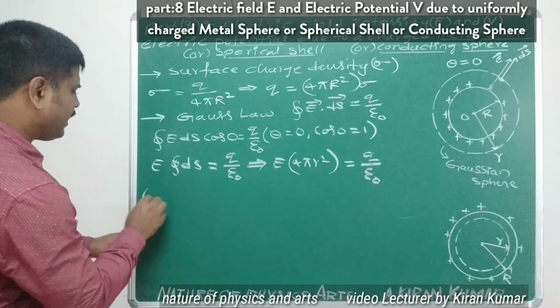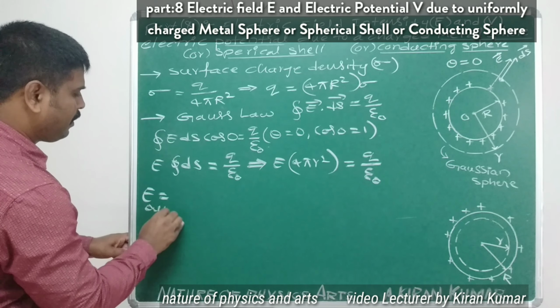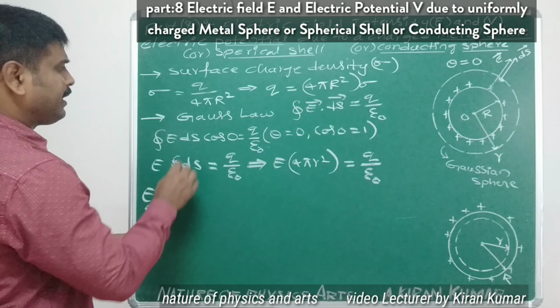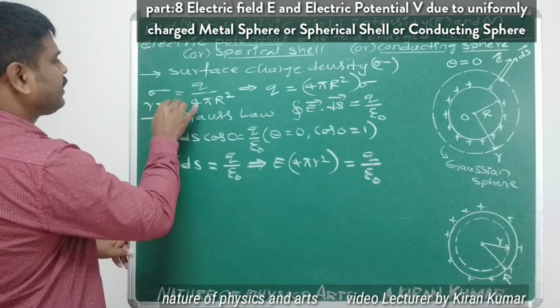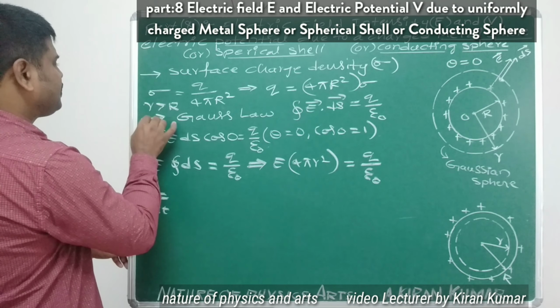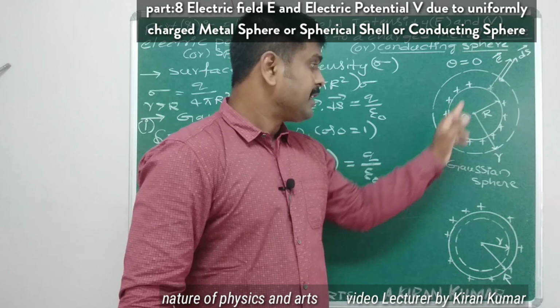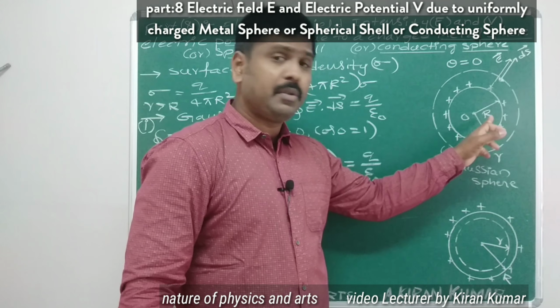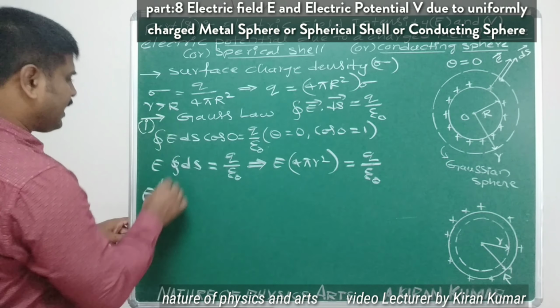So here we got the electric field intensity outside. The first condition is small r, the radius of the Gaussian sphere, greater than capital R, the radius of the spherical shell, and that is taken as E out.